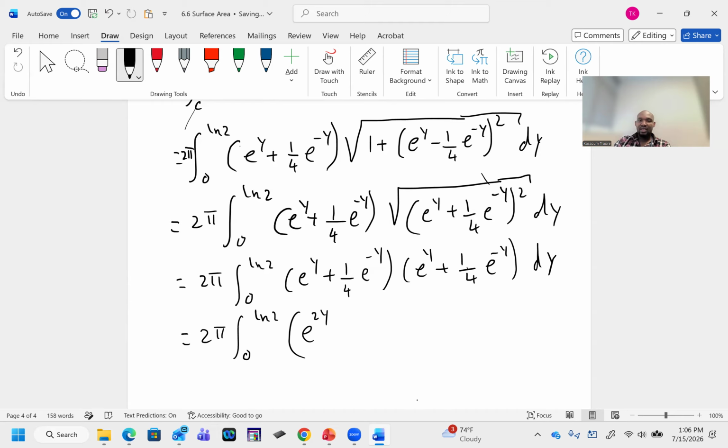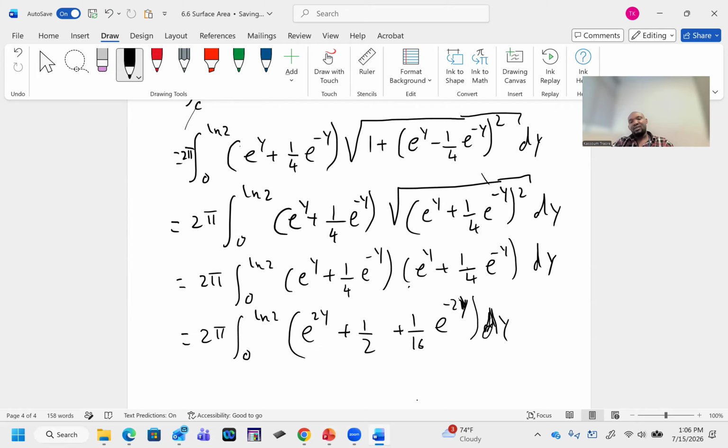And if I multiply this to this also, that will give me 1 over 4. 1 over 4 plus 1 over 4 will give me 1 half. Then 1 over 4 times 1 over 4 is 1 over 16. E to the power of negative y times e to the power of negative y will be e to the power of negative 2y.